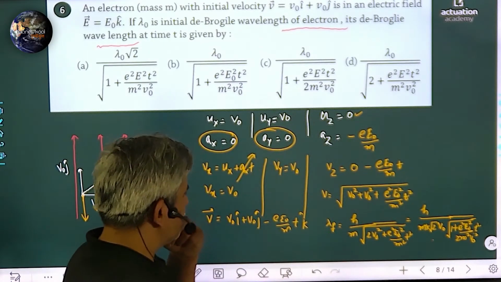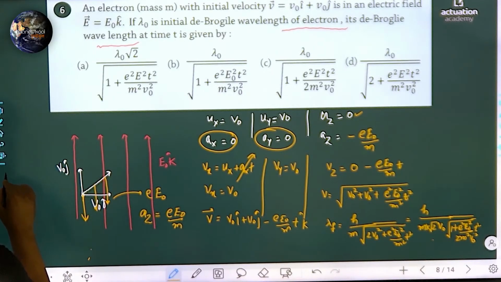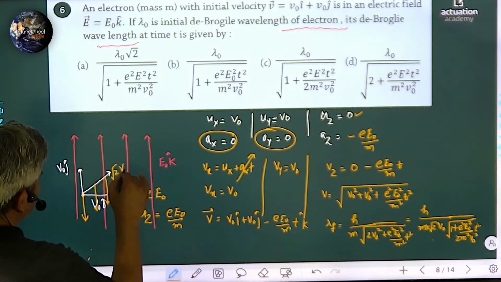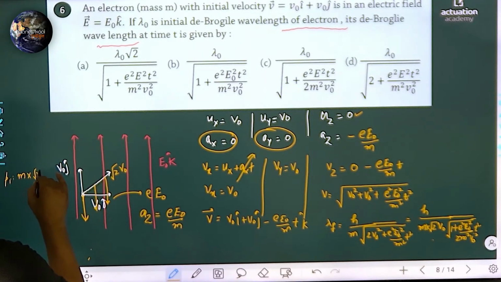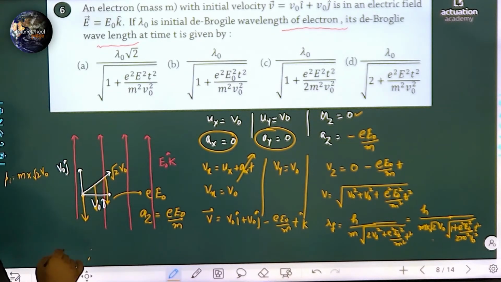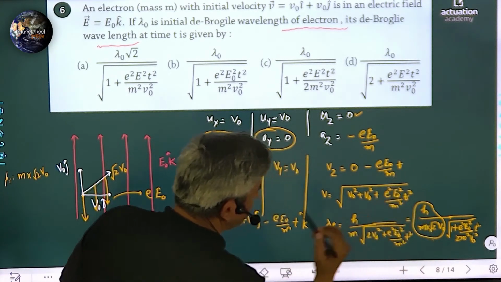Now, initial momentum can be written as m times the resultant, root 2 V naught, which is simply root 2 V naught. Now, we can replace this, which is simply the initial wavelength.